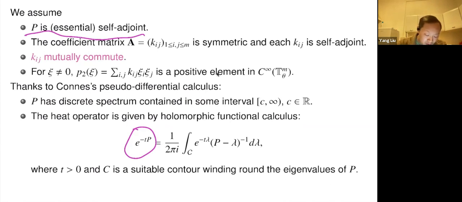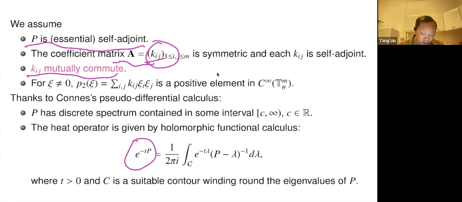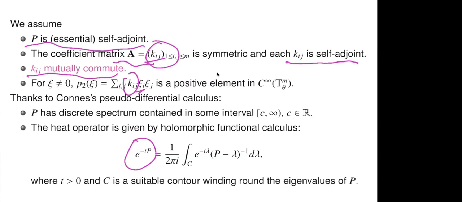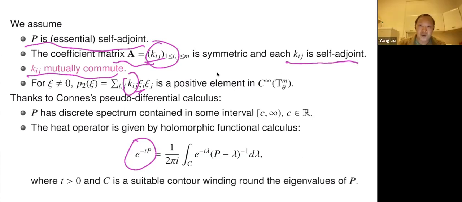Here I will assume the coefficients of the leading symbol K_ij mutually commute, and I want this matrix to be symmetric, K_ij equal to K_ji, because look at here, it's a polynomial, so we are expecting that the coefficients of xi_i xi_j and xi_j xi_i are the same. That's why this matrix is symmetric. I also want K_ij to be self-adjoint, like real valued functions.